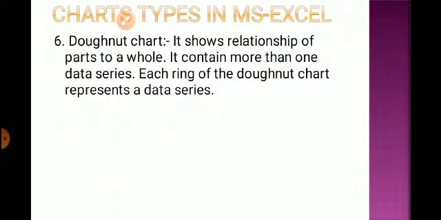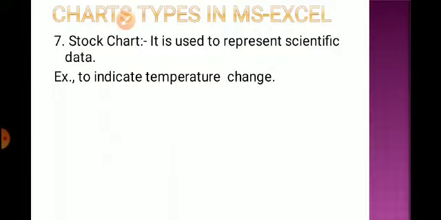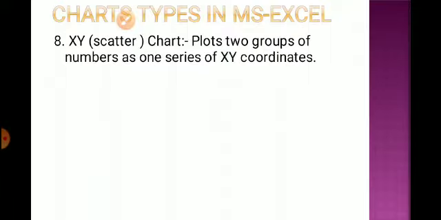Next, donut chart. Next one is stock chart. This stock chart is used for scientific data. It can be used to indicate temperature change. The next one is XY chart.